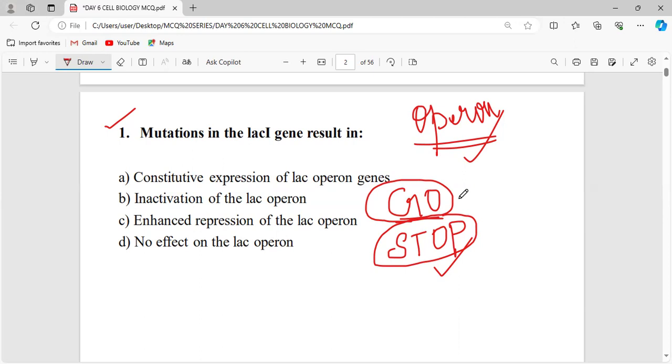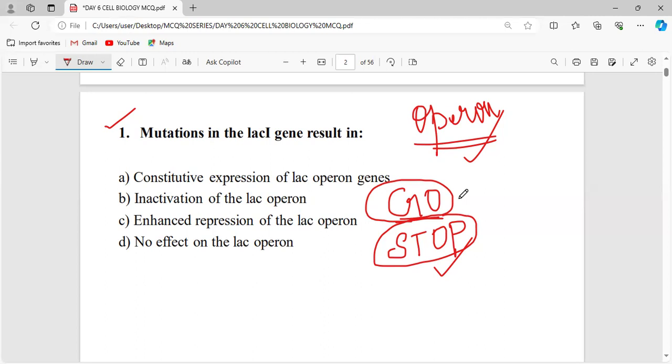And you should know about the types of regulatory genes present in this operon concept. There are three types: constitutive genes, inducible genes, and repressible genes. Constitutive genes are continuously expressed genes. They will not stop. That is constitutive expression. For example, in our body, certain metabolic genes and ribosomes are continuously produced.